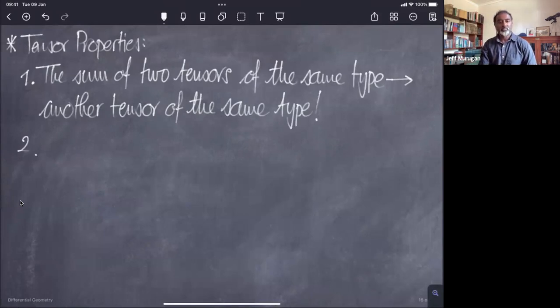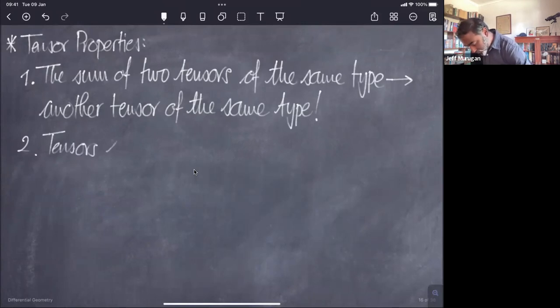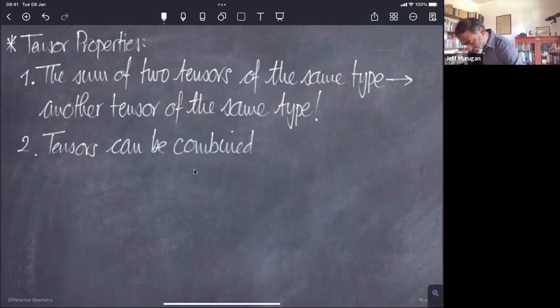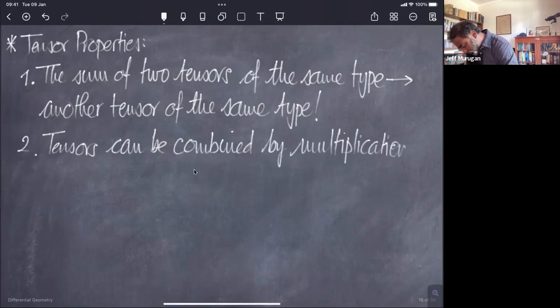Point two is that I can combine tensors by multiplication. What I mean by this is that I can increase the rank of a tensor by multiplying two lower rank tensors.